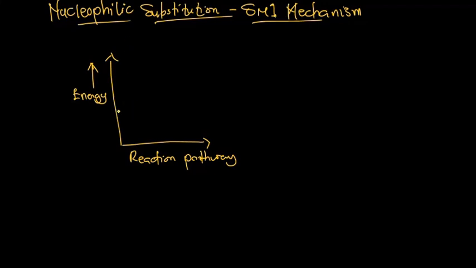Now we have the reactants. So what is happening here is that if this is the energy of the reactants, they need to attain a certain activation energy to the transition state. So they need that activation energy to the transition state in order to be able to form the carbocation.